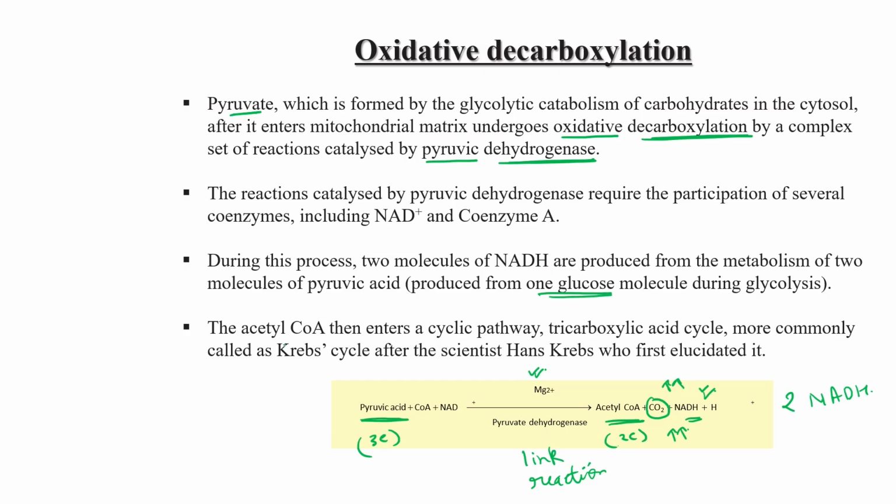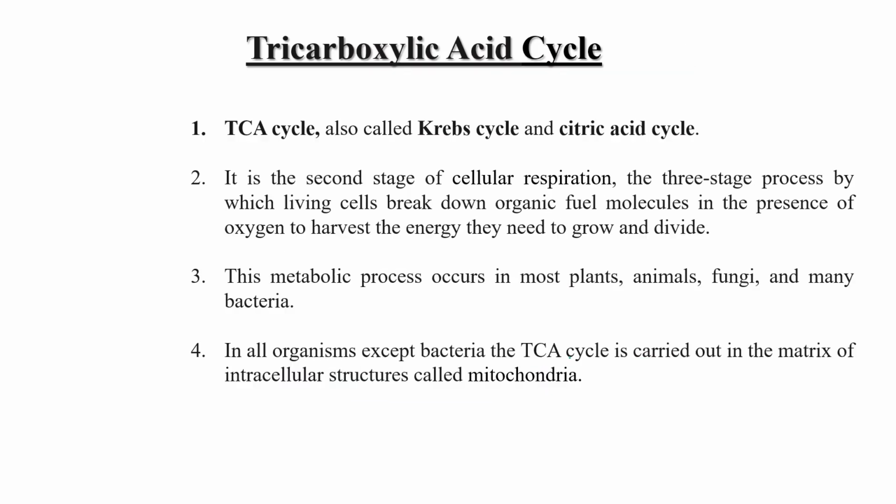Right? And this acetyl coenzyme A then enters into the TCA cycle, or tricarboxylic acid cycle, or Krebs cycle, after the name of the scientist Hans Krebs, who first illustrated this particular cycle. Clear? Whether it is a TCA cycle, Krebs cycle, or citric acid cycle, because the first product of this cycle is citric acid, which is a 6-carbon molecule.